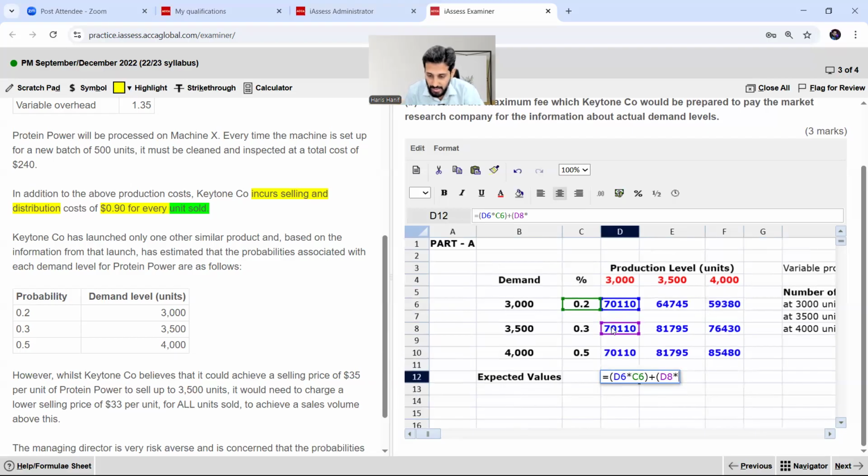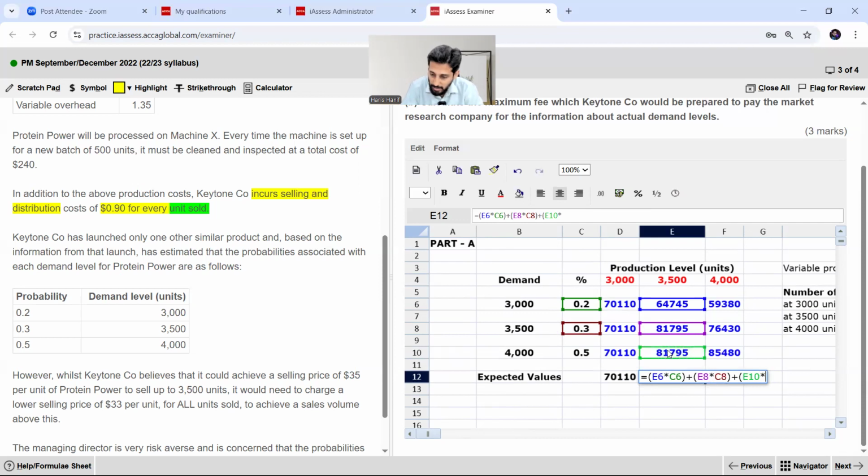Multiply by 0.3 plus 70,110 multiply by 0.5, bracket close. This is the expected value. And here expected value, press equal to, bracket open, this value multiply by 0.2 plus this value multiply by 0.3 plus 81,000 multiply by 0.5, bracket close.